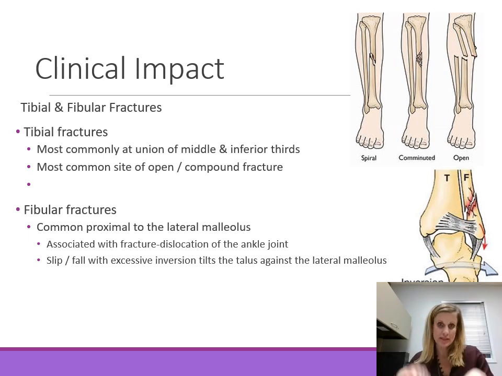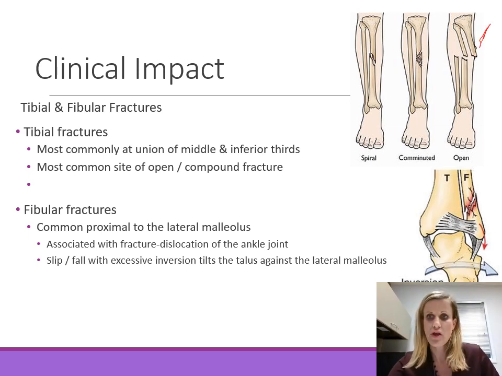Moving distally from the femur, we get down to the distal leg, or the lower leg, where the tibia and fibula are. So tibial and fibular fractures can occur individually or together. Both bones can be fractured, as you see right here.